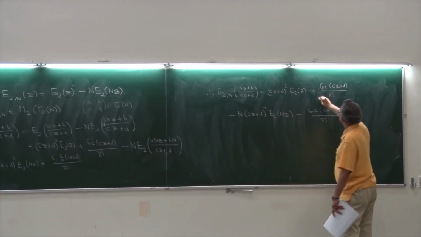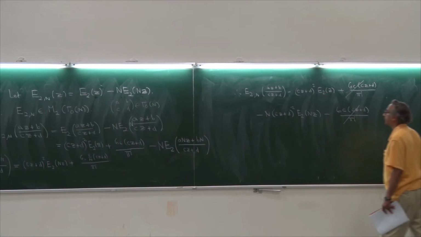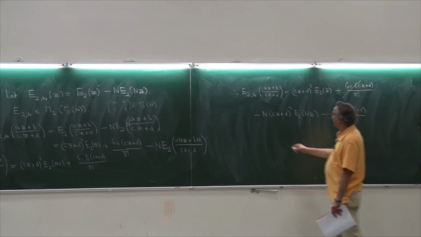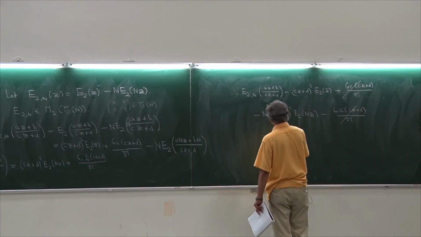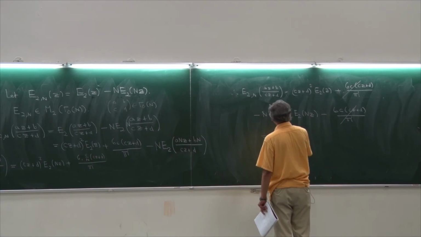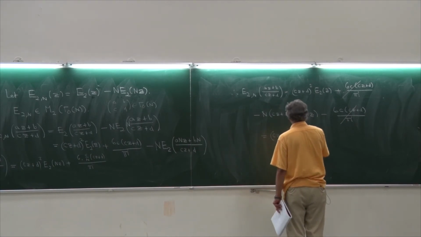So the point is that these fudge factors disappear, and you end up getting that this is equal to (cz + d) squared times E2 of z.